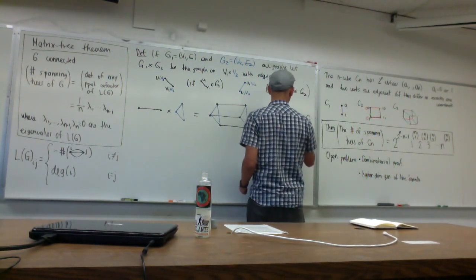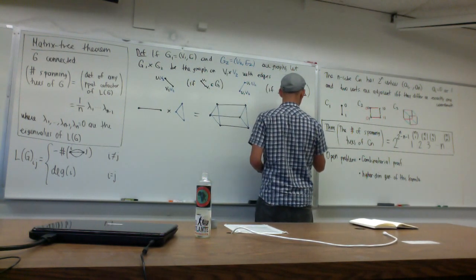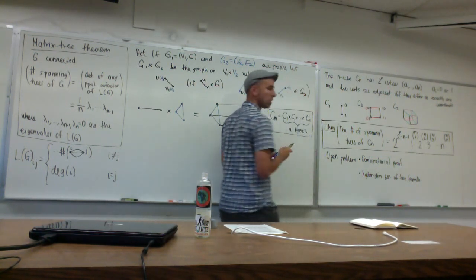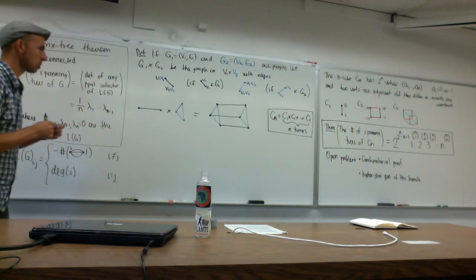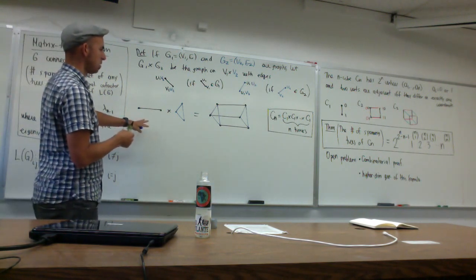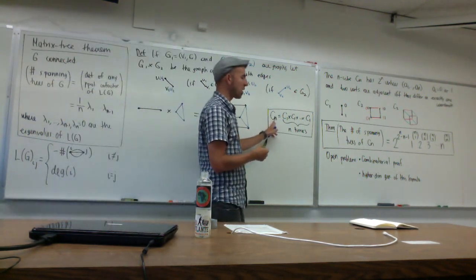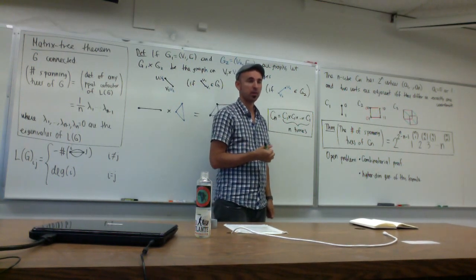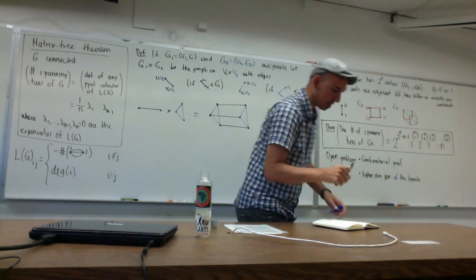So this is n times. And if I want to find the eigenvalues of Cn, it would be very useful if I know what the eigenvalues of a product are. And it turns out that that's very nice.